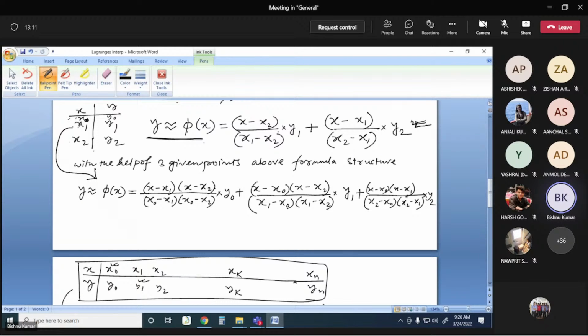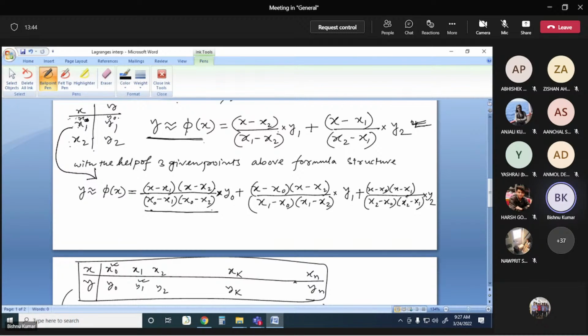And in the denominator, from the first value you just subtract all the remaining x values, and multiply those linear factors. The first value is x0, so (x0 minus x1)(x0 minus x2) is the denominator. And the associated coefficient is y0, the corresponding y value in the first position, that you just multiply. That is the first term.